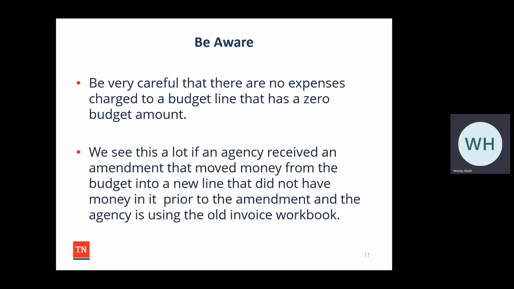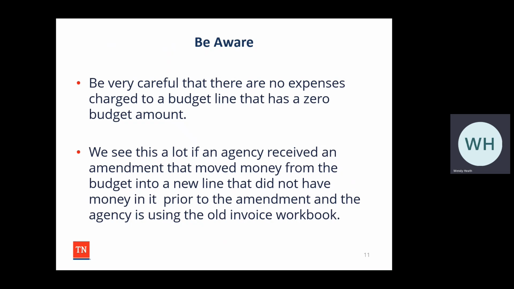We see this a lot if an agency received an amendment that moved money from the budget into a new line that did not have money in it prior to the amendment, and the agency is using an old invoice workbook. So this goes back to the beginning when I said, please ensure that you are using the invoice that came with the amendment. Sometimes it takes a couple weeks for OBF to be able to process this and get your workbook to you.